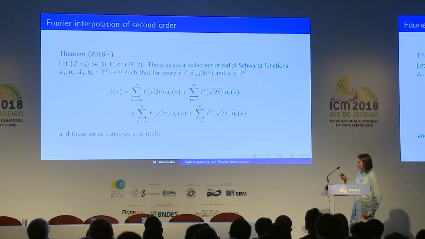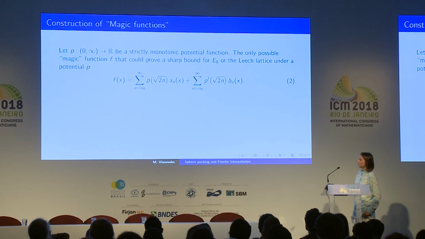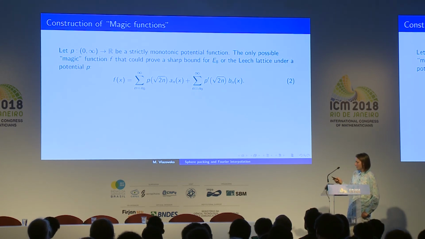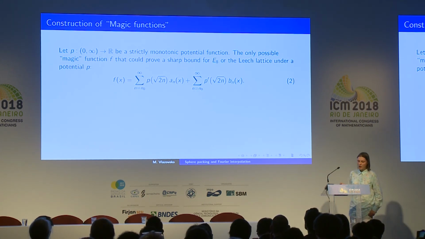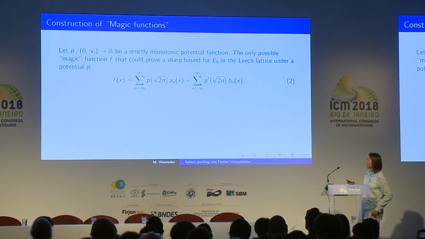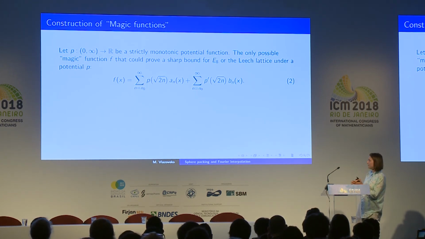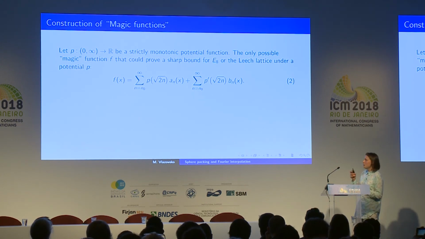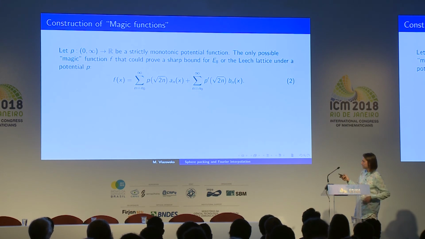Now that we have this theorem, it will help us construct our magic functions. Again we fix some potential p, which will be a strictly monotonic potential. We know that the only possible magic function f for it, because we want our bounds to be sharp, is determined as follows.